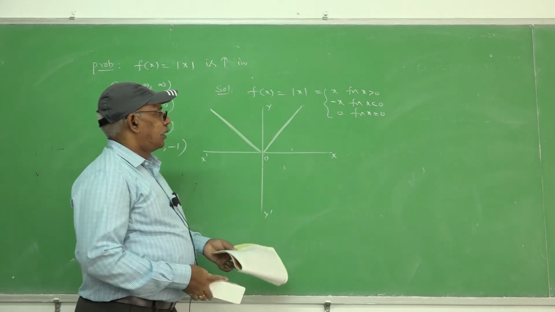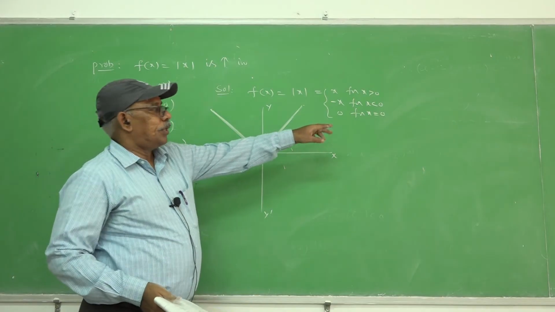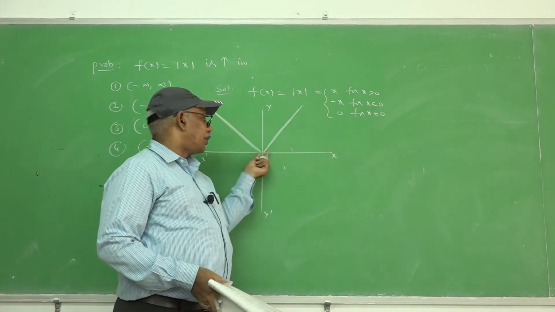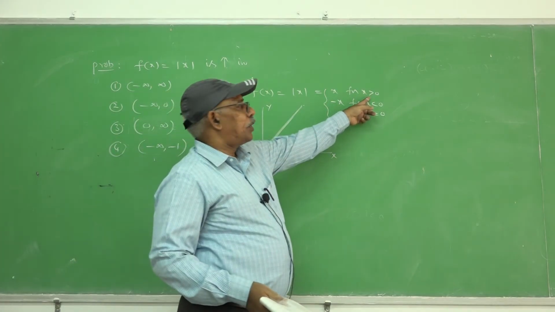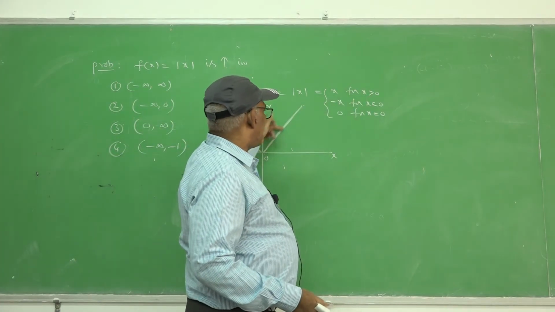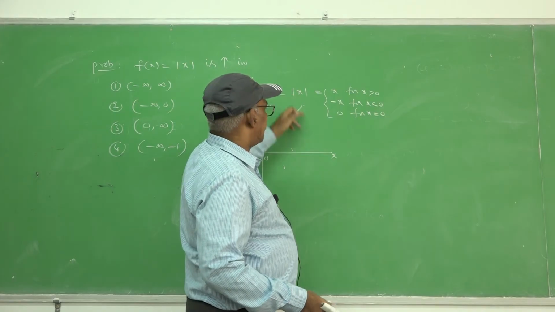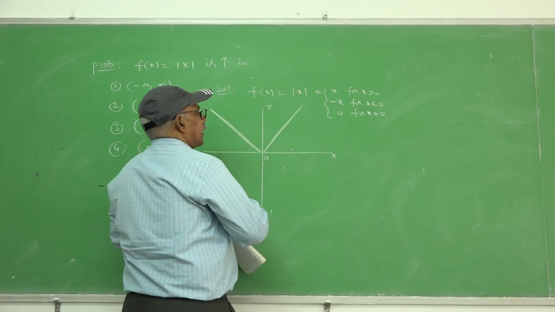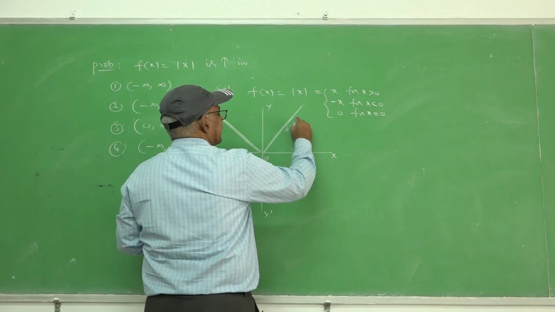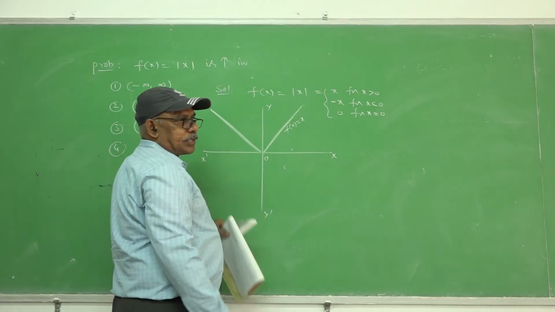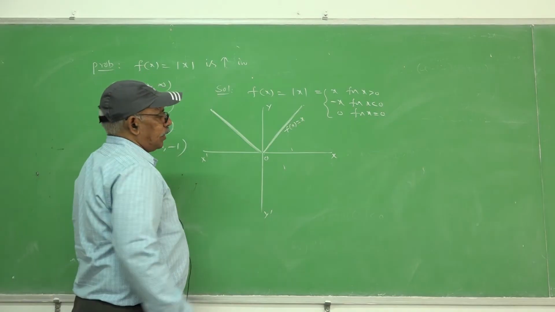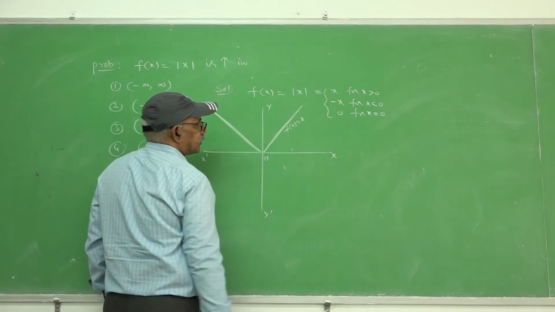That means it clearly passes through the origin, and for x more than 0, x is positive, the graph is y equal to x, a straight line making 45 degrees angle with the positive direction of the x-axis.